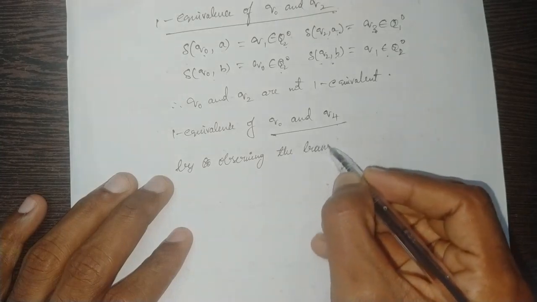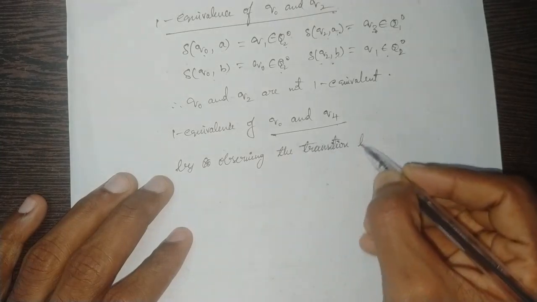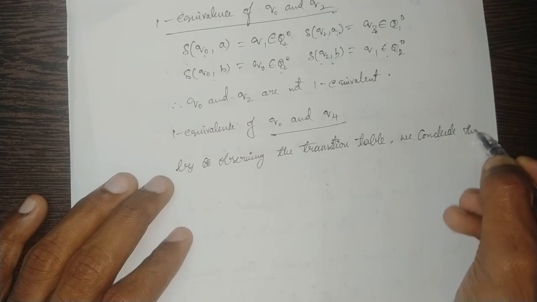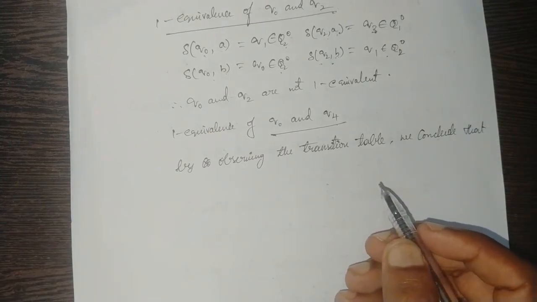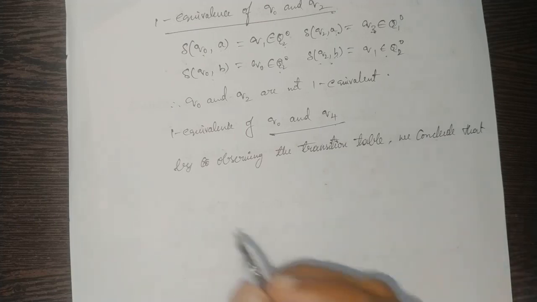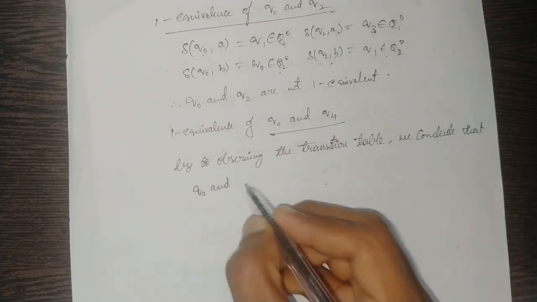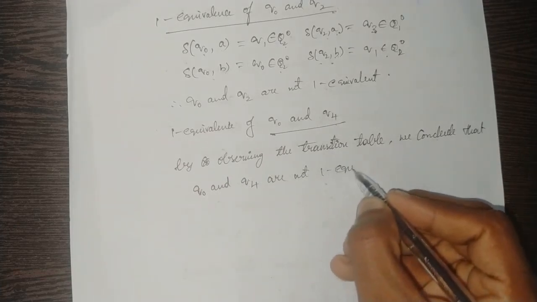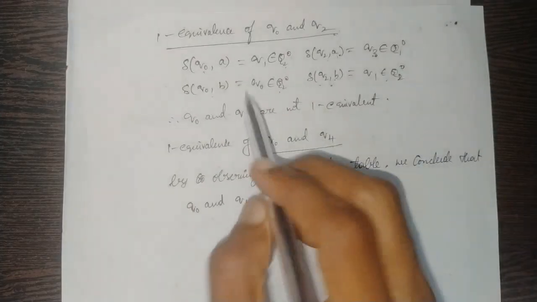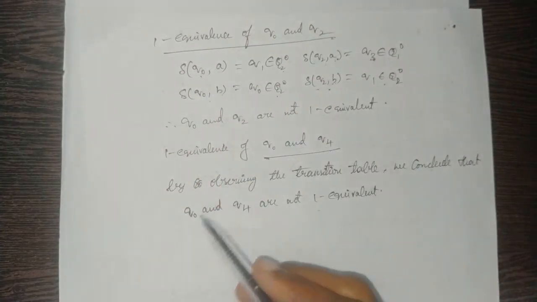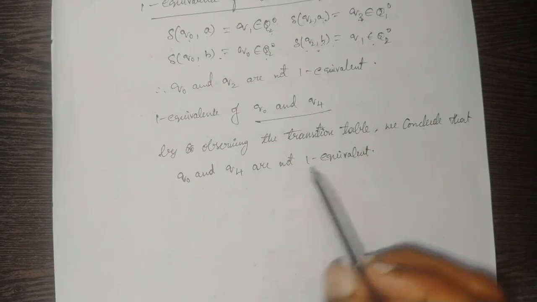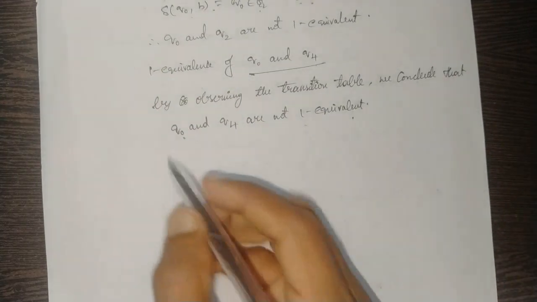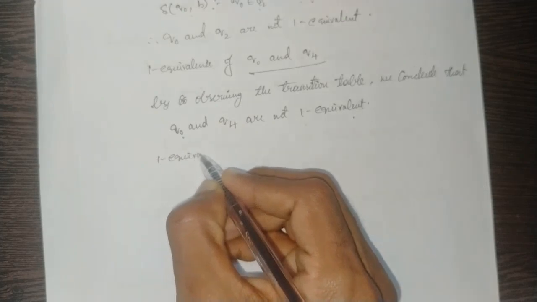By observing the transition table, we conclude that Q0 and Q4 are not one equivalent. By doing the same process for Q0 and Q4, we find that they are not one equivalent. So check yourself.